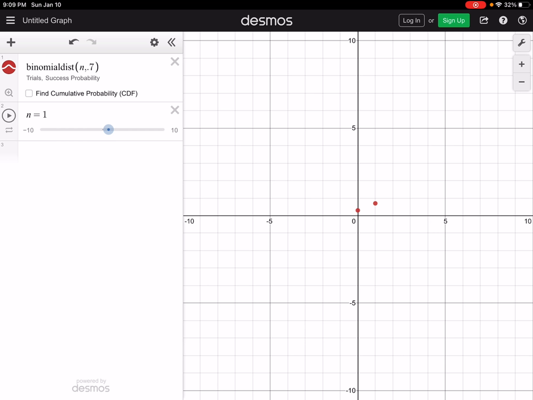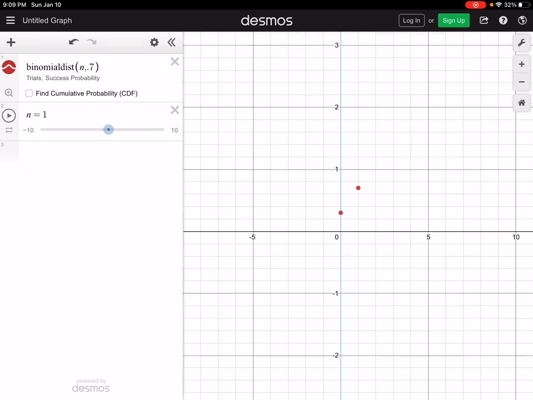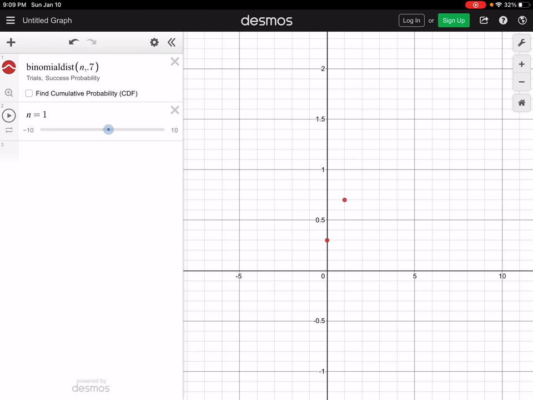Right, so for n is 1, this is pretty small. The height of these points represent the probability that you have that many successes, right? So in one sample, the probability of 0 successes is 0.3. The probability of 1 success is 0.7.